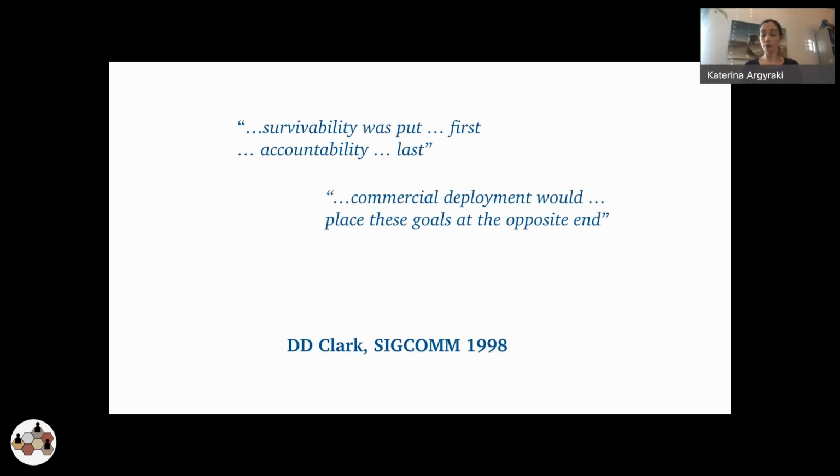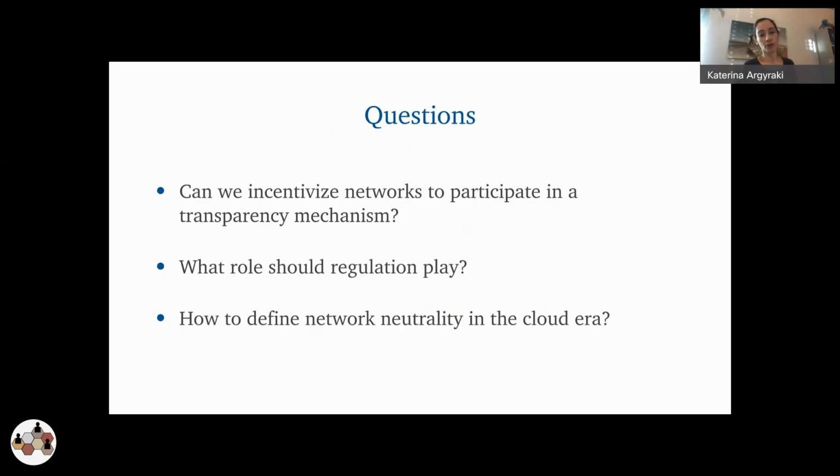And that would result, he said, in an entirely different architecture. I can't claim to know what this entirely different architecture that David Clark had in mind is, but I'm comfortable guessing that it was a lot more transparent than what we have today. So this concludes my talk, and I will just put up there the questions I stated, and I will pause for discussion.